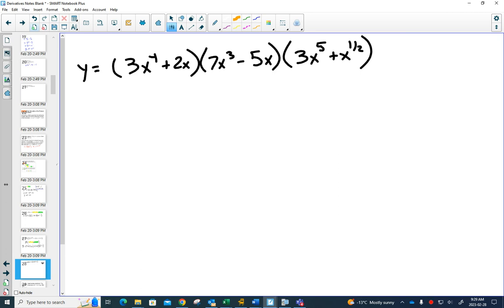We have a little bit of a problem because as far as product rule goes, you have a multiplication there, and you have a multiplication there. But our product rule only works for 2 multiplications, not 3 multiplications.